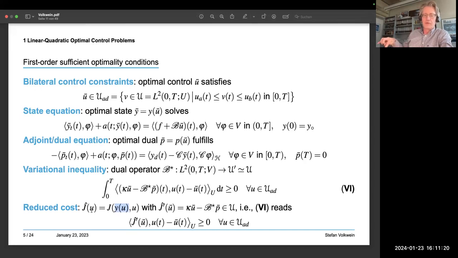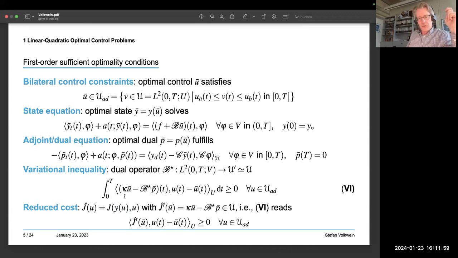Then we can also go for the reduced problem, which means we minimize this J hat under the constraint that U is in the admissible set, and the evolution problem is already included in the cost functional, because we only use Y's which satisfy our state equation, indicated here by Y of U. If you do some lines of analysis, you get that the reduced cost functional has a derivative, and the derivative is exactly given by the term we have in the variational inequality.